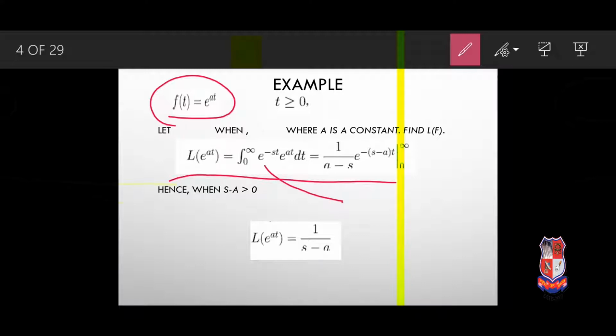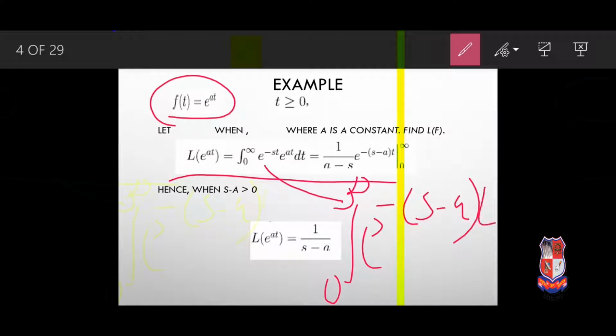Next step is integration 0 to infinity e raised to minus, taking common in the bracket, s minus a, and t is also common. Then we have to find the integration of e raised to minus s minus a t.